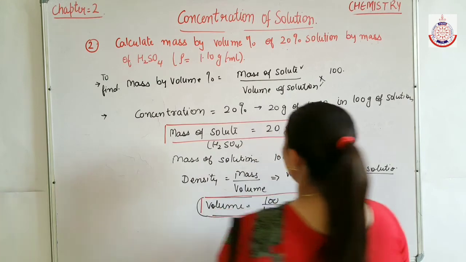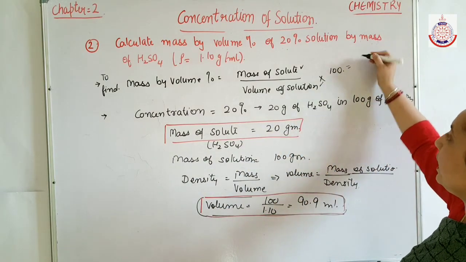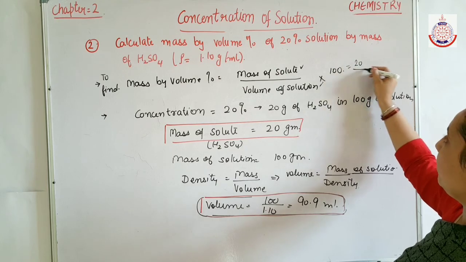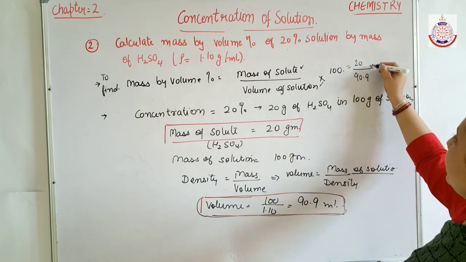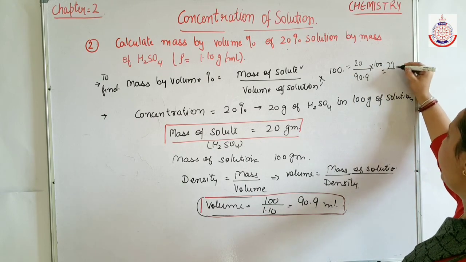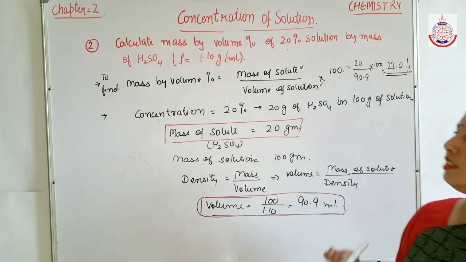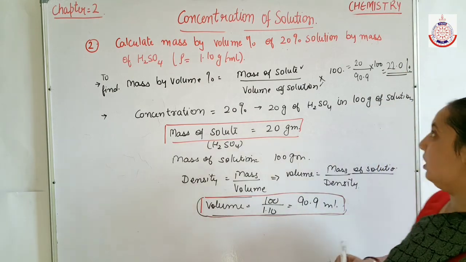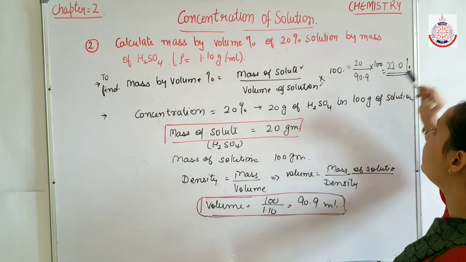Mass of the solute is 20, volume is 90.9, into 100. Whenever you solve it, it will come 22.0%. So the mass by volume percent of this particular solution is 22.0%.